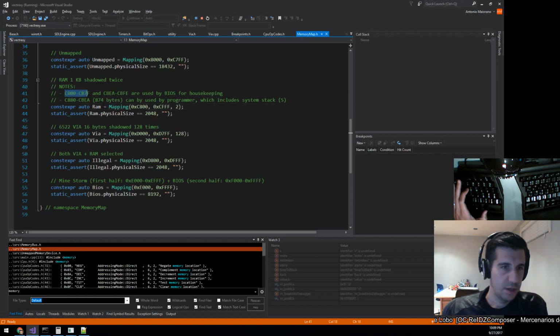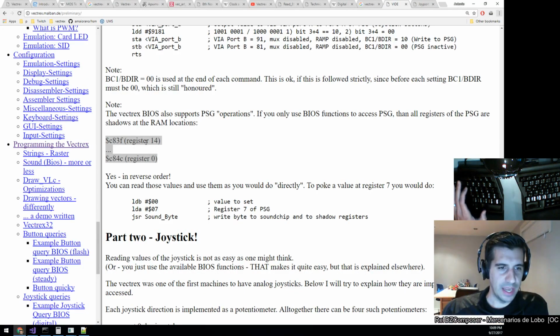Okay. So basically, in this range of the RAM, C800 to C83, yeah. In this first range here, it looks like these 15 bytes are used as a reverse ordered shadow of the PSG registers, but this is manually maintained by the Vectrex BIOS, meaning that if you use those BIOS functions, every time they write to one of these registers, it'll write to the related shadow of it here, and every time it reads, I suppose it also puts the value there.